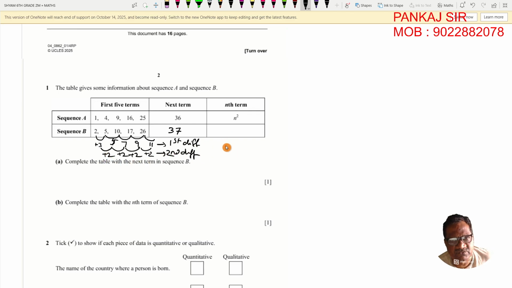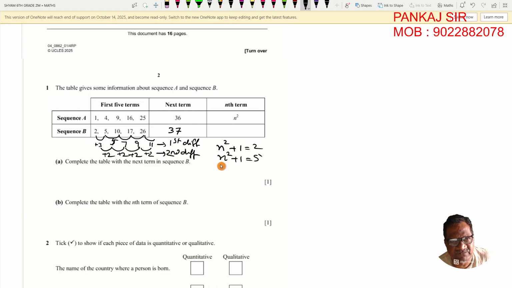So your general term, or the nth term, has to be something with n squared. But if you put n equal to 1, 1 squared will be 1 and the first term is not 1, it is 2. So to get 2, you have to do n squared plus 1. But let us check the other terms also. The second term is 5. If you take n as 2, n squared will be 4, and plus 1 gives 5.